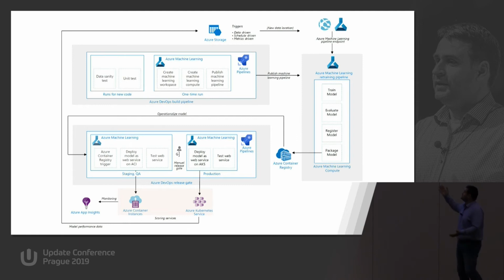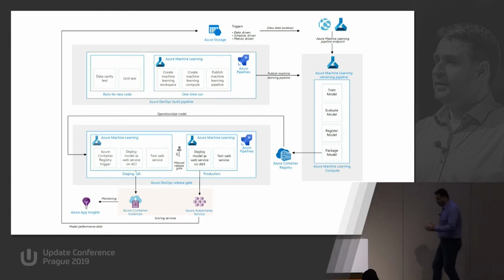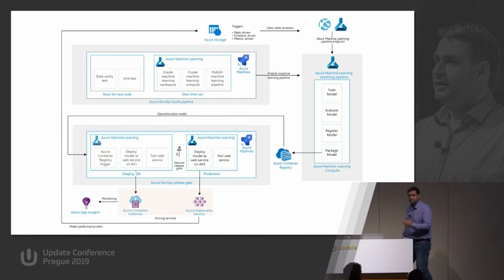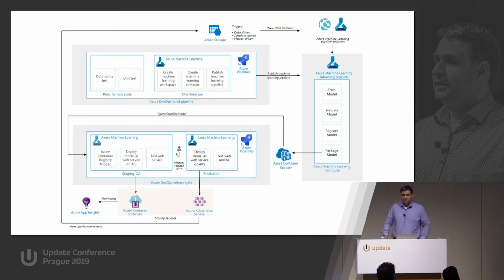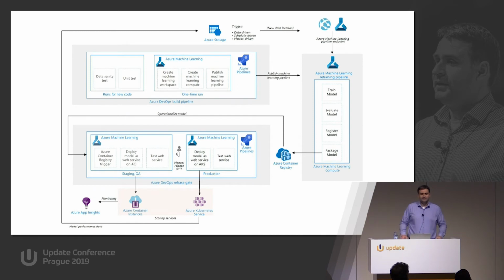And as you can see, basically there are two core pipelines here. There is a build pipeline, and the core objective of the build pipeline is to basically instantiate an Azure machine learning training pipeline.